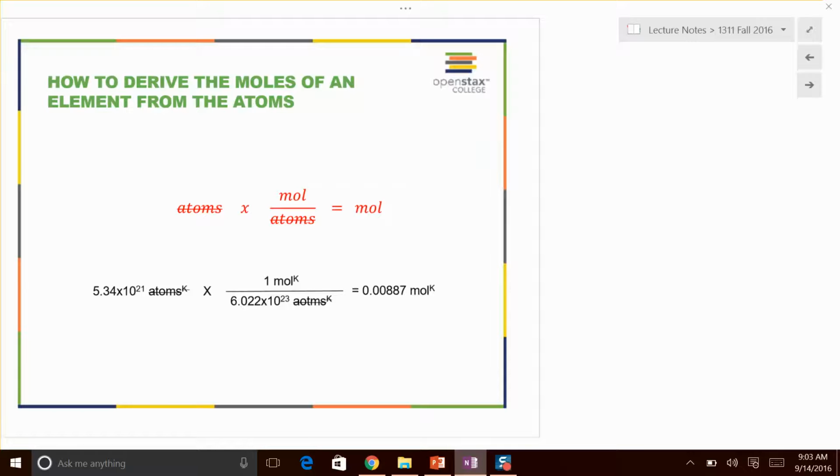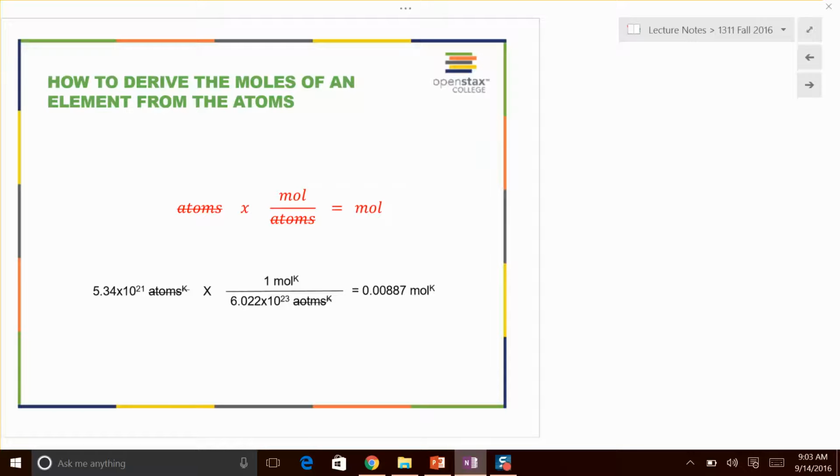I want to know how many moles of potassium that is, because how many atoms would I need to make 1 mole of potassium? 6.022 times 10 to the 23rd. That's right. I don't have that many, right? So that means I have less than a mole here, but how much exactly do I have?